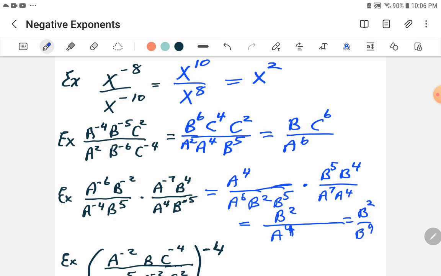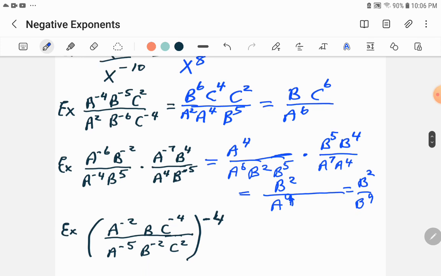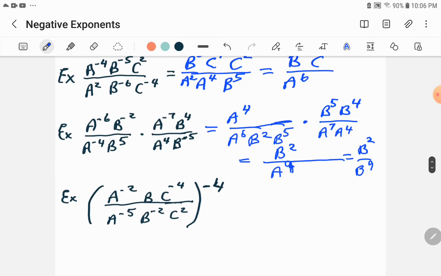Okay, and then finally, let's look at one using the power rule. So we have a negative exponent outside of the parentheses. So what we can do here is distribute that negative to each power. So this is applying the power rule also to the denominators.